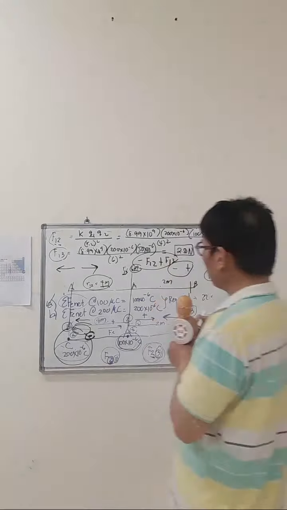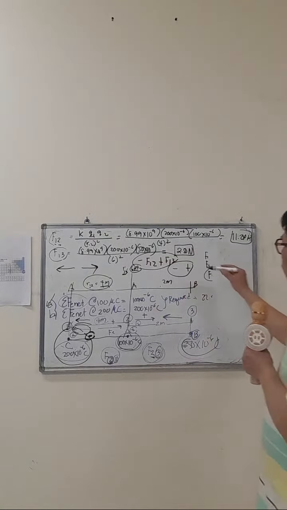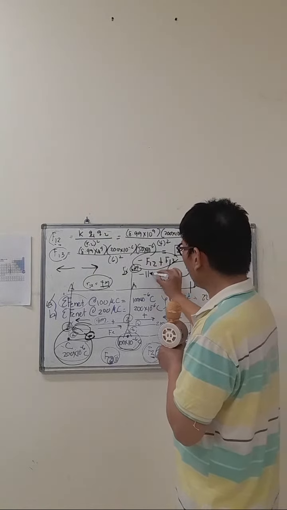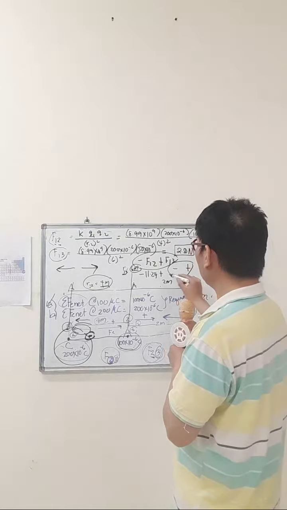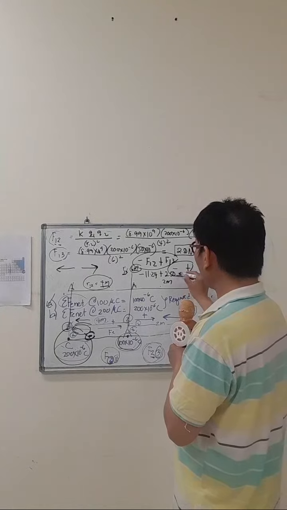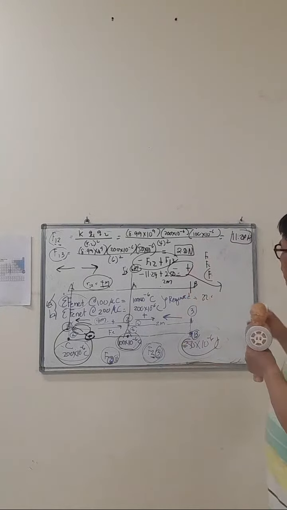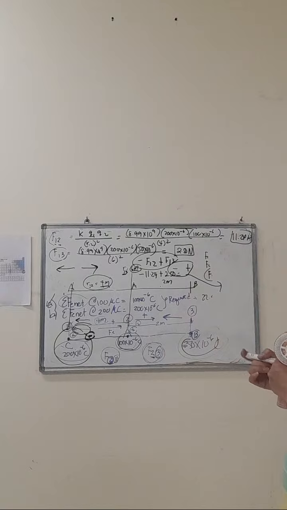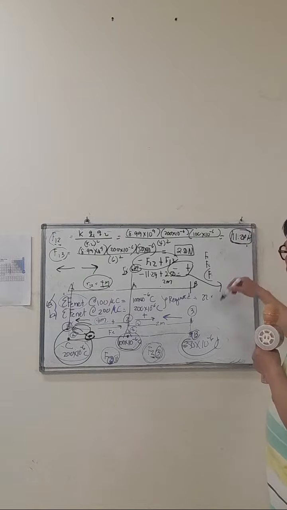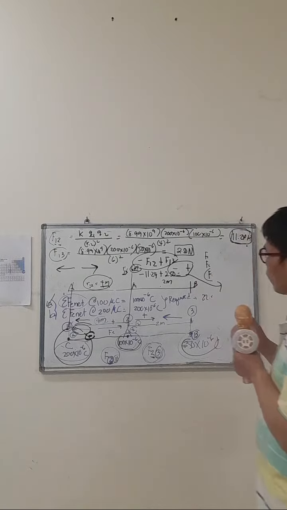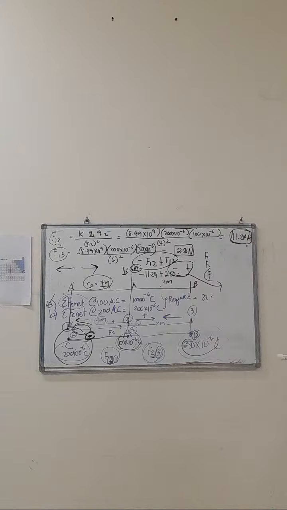How much is F12? This is 11.24. Then plus F13, how much is it? 2.50. So your answer will be negative. Why negative? Because it will carry the negative, which is the higher electric force. Since the electric force is higher, the value of your F12 is higher than F13.